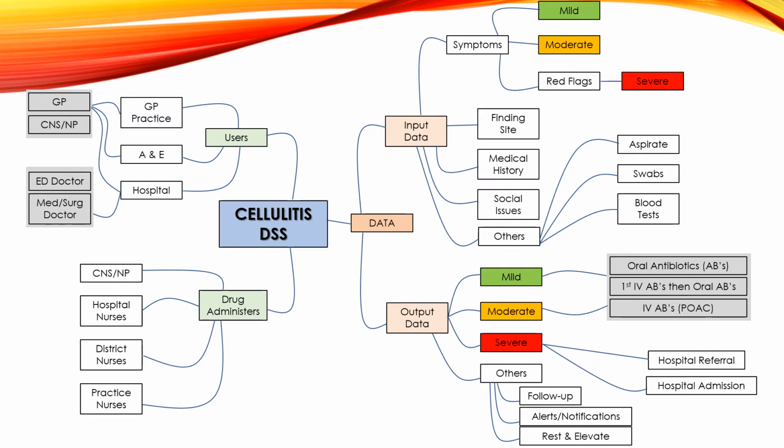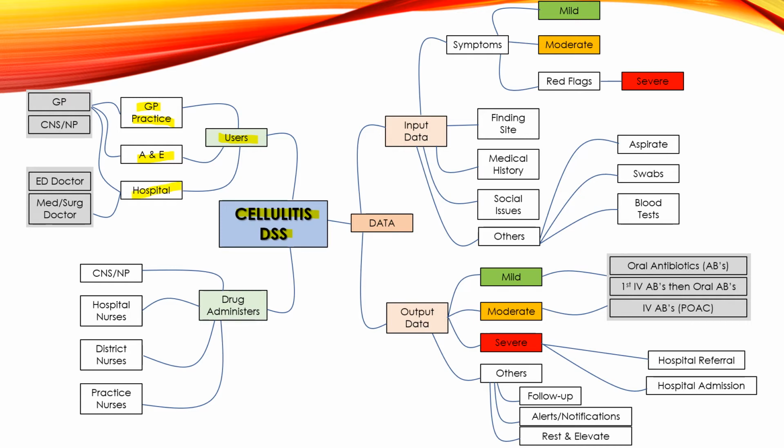This is the domain model, or my DSS model for cellulitis. So here, cellulitis DSS. Let's start with the users. Who can access or who will be using this cellulitis DSS? I was considering GP practices, A&Es, and hospitals.